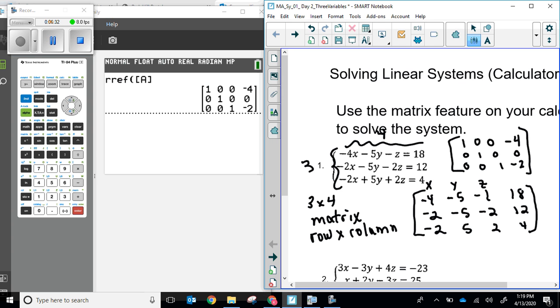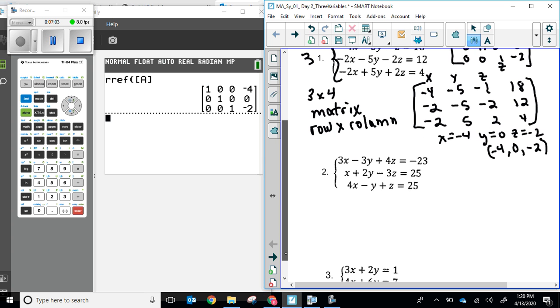So what that's telling you is since this is X, you have X is equal to negative 4. This is Y, so you have Y equals 0. This is Z, so you have Z equals negative 2. So your solution there is negative 4, 0, negative 2. Pretty simple. Huh?